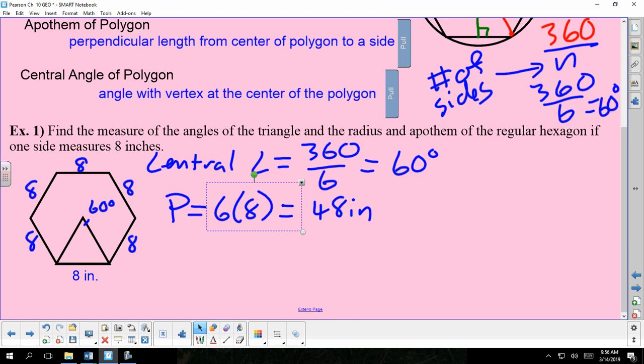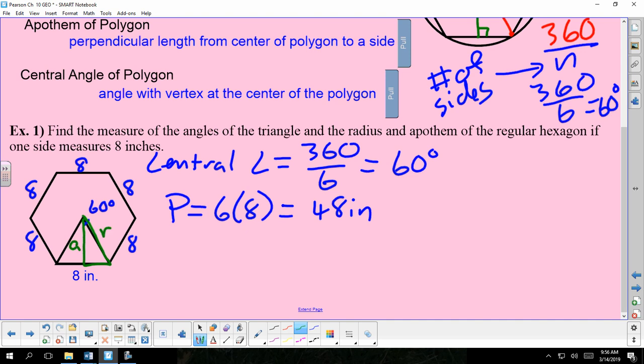Next, I want to find the radius and the apothem. So what I'm going to do is, this is 60, and I have a perpendicular bisector here. I want to find this radius and the apothem.